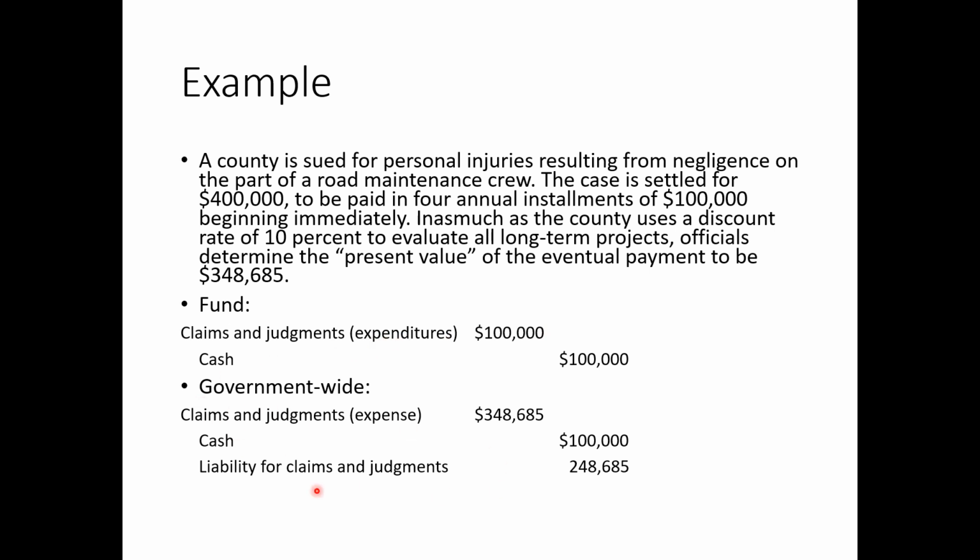But for the government-wide accounting, because we're using full accrual basis, the whole liability, the 4 installments, will be accrued. For this period, we're going to pay 1 installment, and the 3 future installments will be recognized as a liability. Then record total expenses as the present value of the 4 installments.